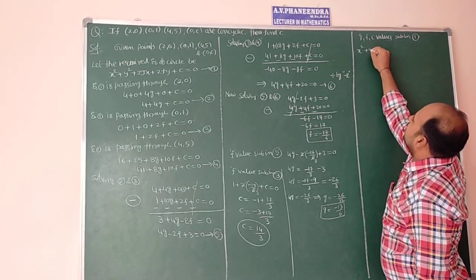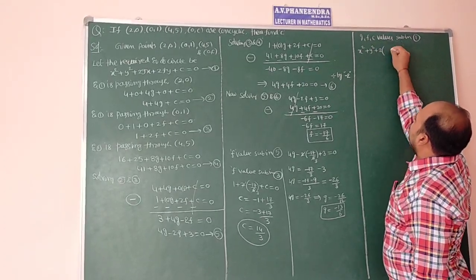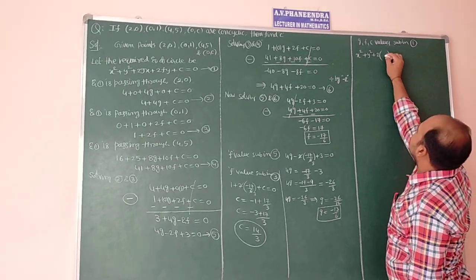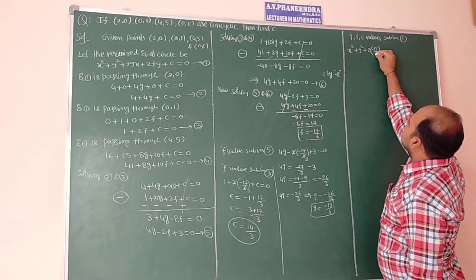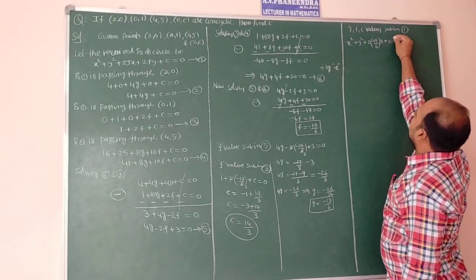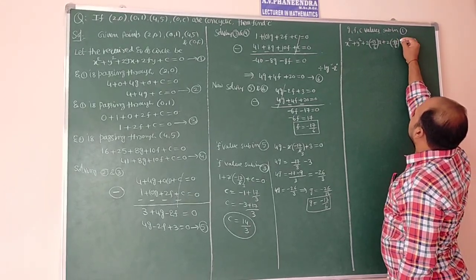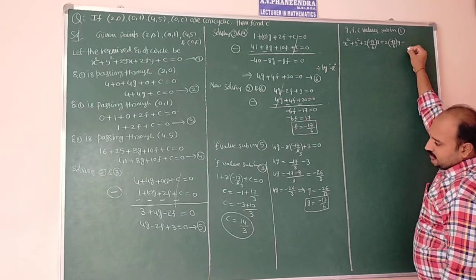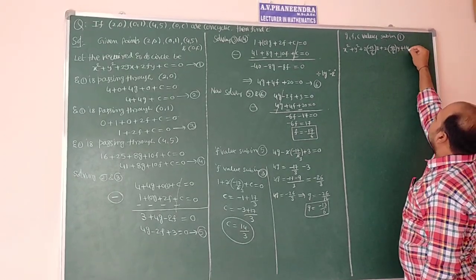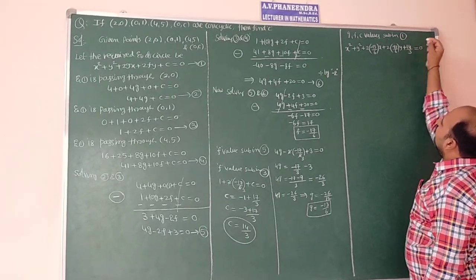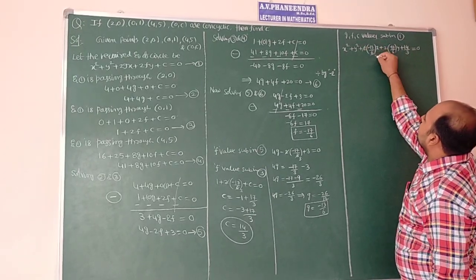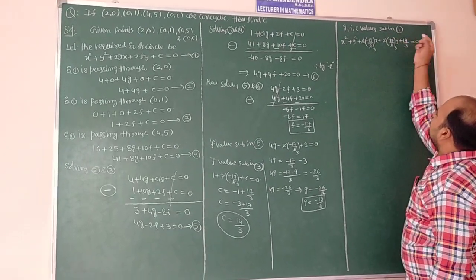X square plus y square plus 2 into g value, minus 13 by 6, into x plus 2 into minus 17 by 6 into y plus 14 by 3 equal to 0. Here 2 ones are 2, 3 threes are 3.